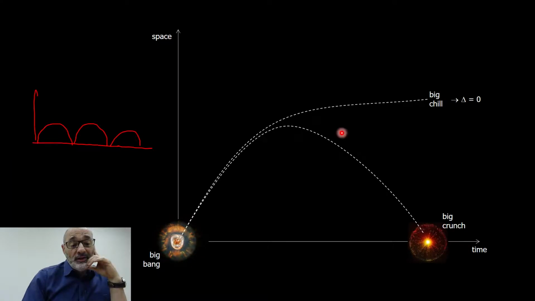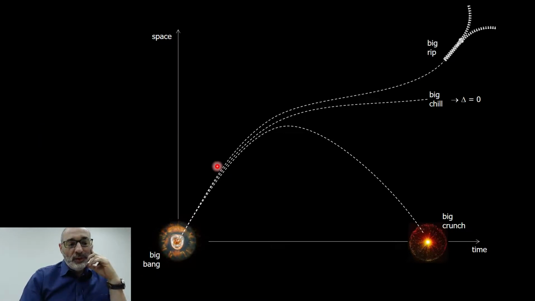But if there's not enough dark matter to slow down the universe's expansion and start contracting it to the big crunch, possibly the universe is going to keep expanding and accelerate, and the end is we're going to have a ripping of the time-space fabric.